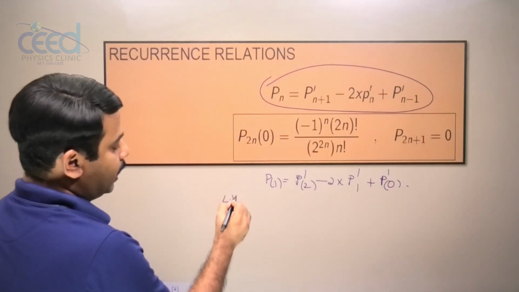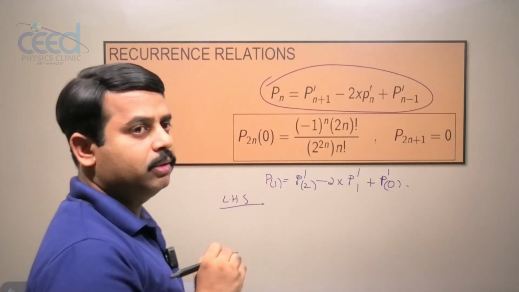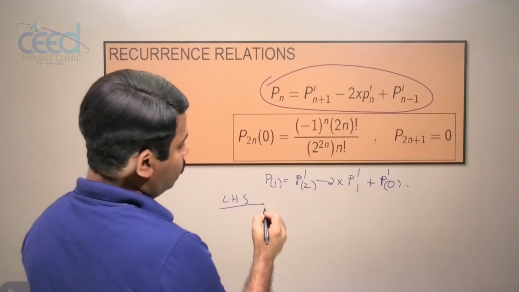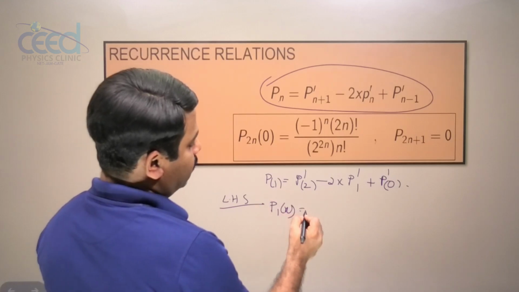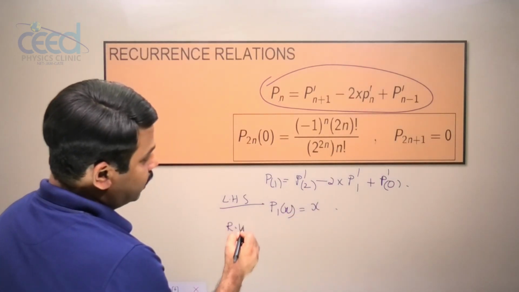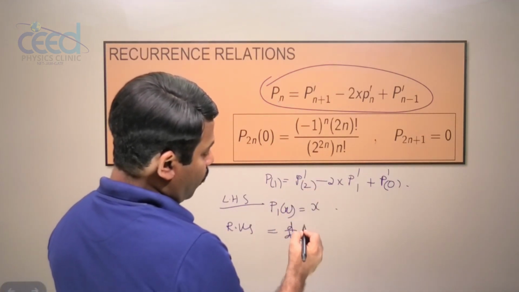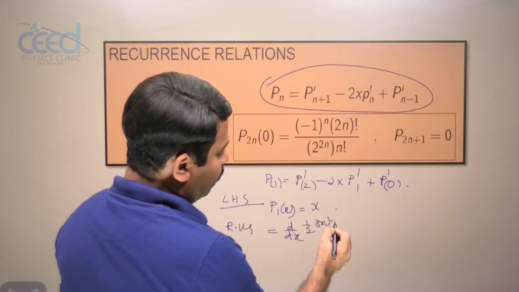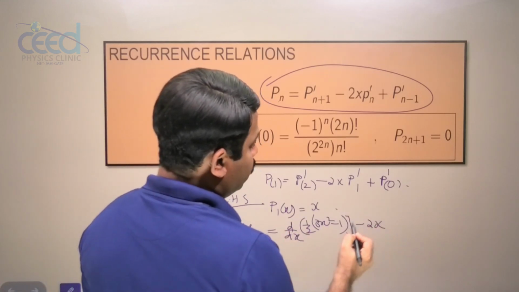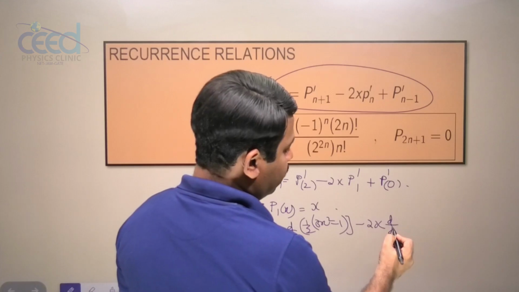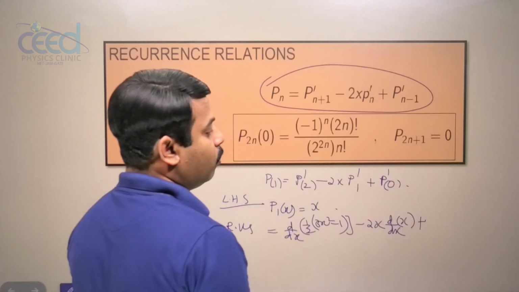Now LHS is P1, and P1 is x, so LHS is equal to P1 of x, that is x. Now RHS is P2 dash, that is d by dx of half into 3x square minus 1, since this is the P2 of x value, minus 2x into P1 dash, that is d by dx of x, plus P dash of 0.